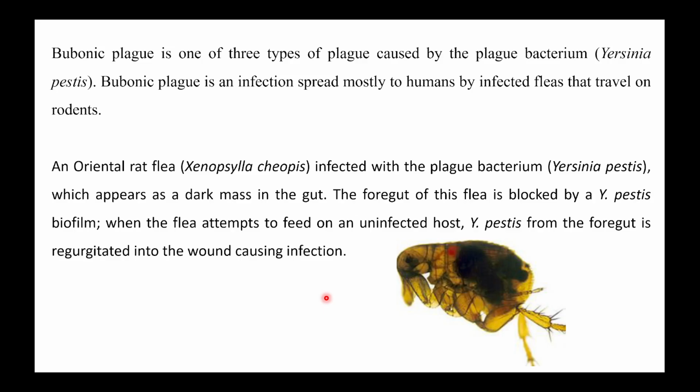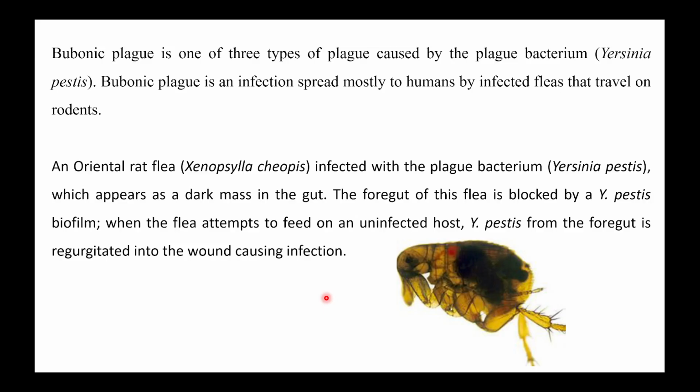So basically, these insects bite the rodents, different rodents like mouse, rats, and then those rodents will spread these bacteria to humans. So there are two levels of vector transmission before the bacterium is reaching to humans. So the fleas will infect the rodents, and then rodents will infect the humans.